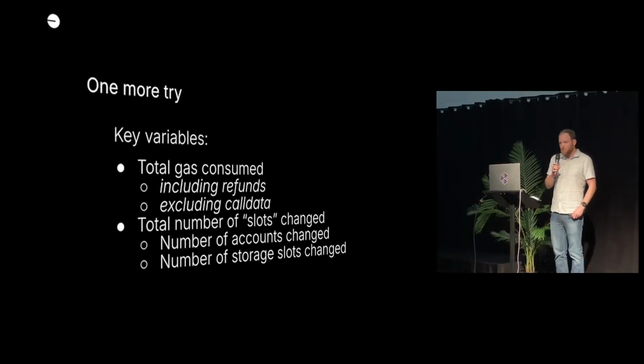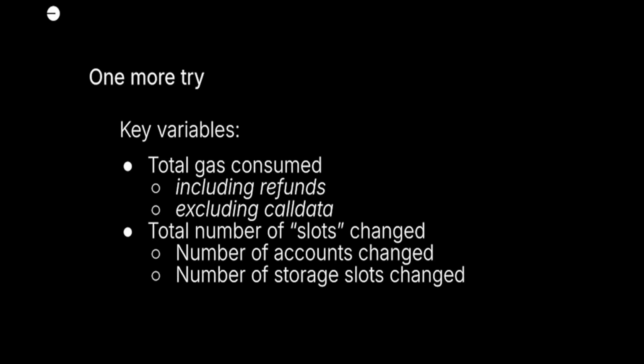Putting this all together, we can reduce this to a few fairly simple variables. We model the total gas consumed, which critically includes any refunded gas. Just because some gas was returned to you for clearing out storage doesn't make it any cheaper in the short term. We also exclude things like call data, which are there to keep the block small but don't really add any cost.